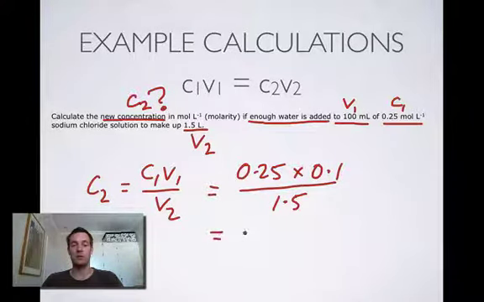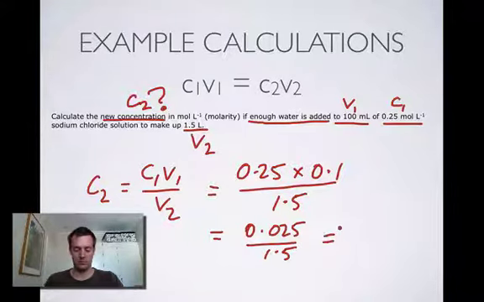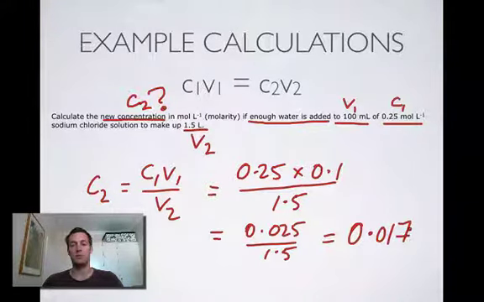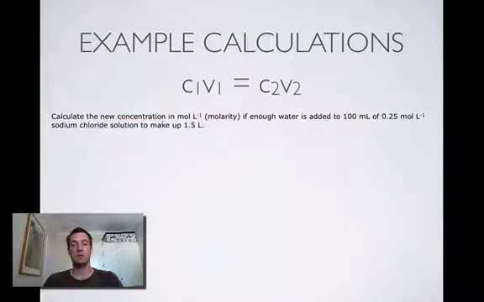Okay, and that equals 0.025 divided by 1.5, and that equals 0.017 or 0.016 recurring, but 0.017 will do for our purposes, moles per litre. Okay, that's our new concentration, that's what we were asked to find. Okay, so there's one example problem. Here's another.